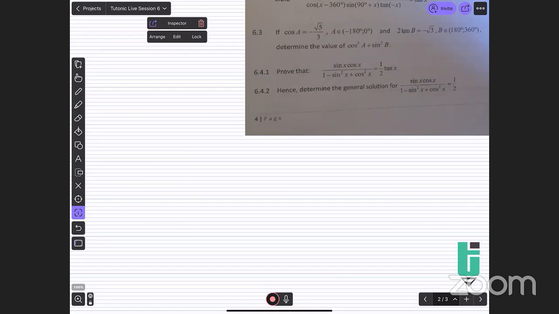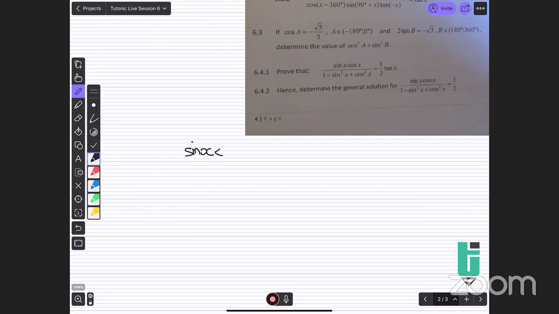Okay, should we also change 1 minus sine squared x into cos squared x? Yes. So let's write that as sine x cos x over 2 cos squared x.